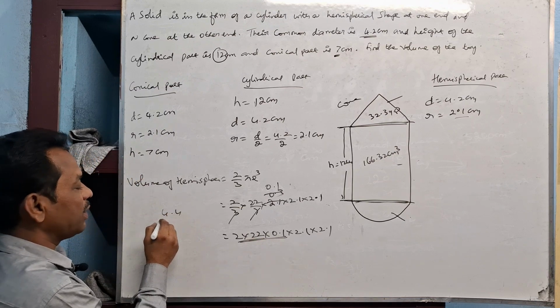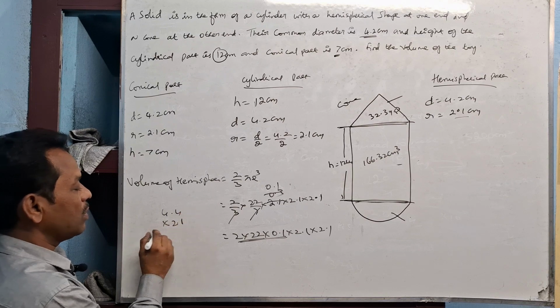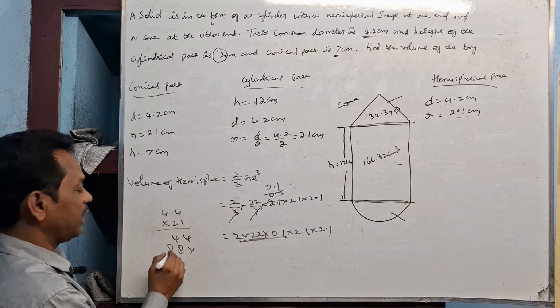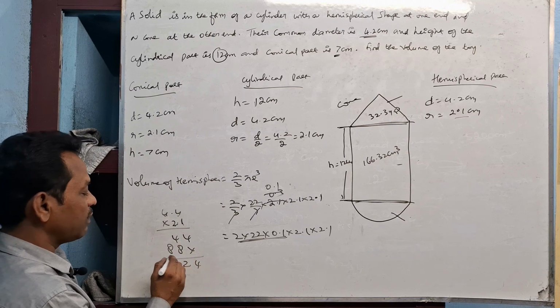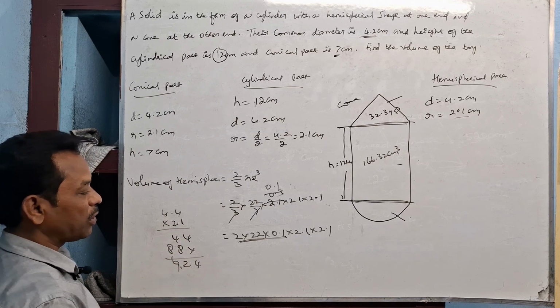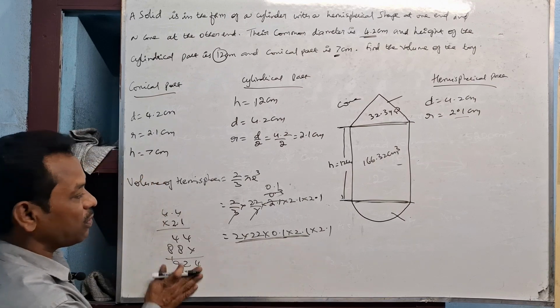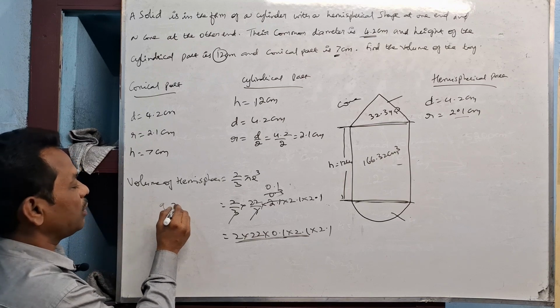Now 4.4 into 2.1 gives 9.24. The product of these four terms is 9.24.